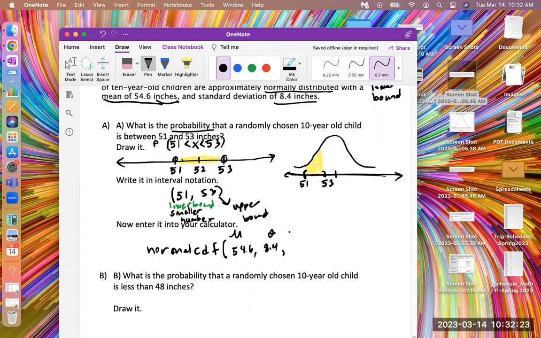And then we just have to enter the lower bound and the upper bound of where we need to find the area under the curve. So all we do is add the 51 and the 53.